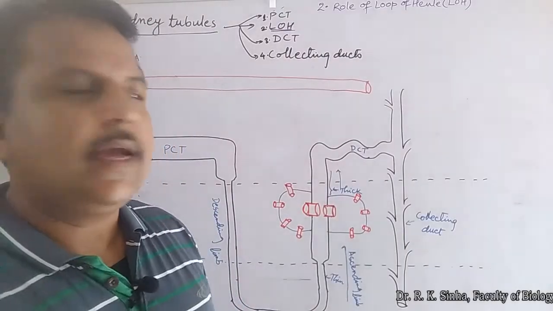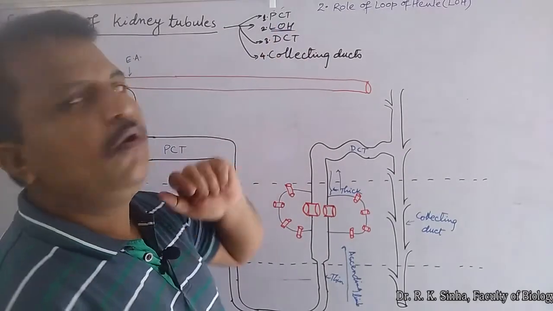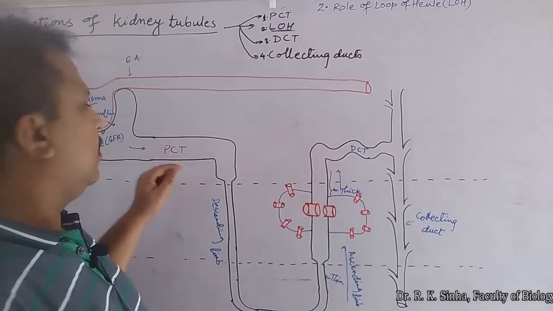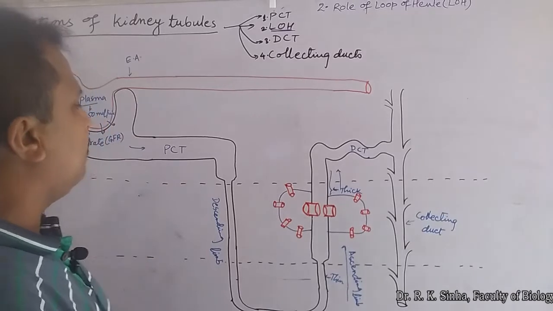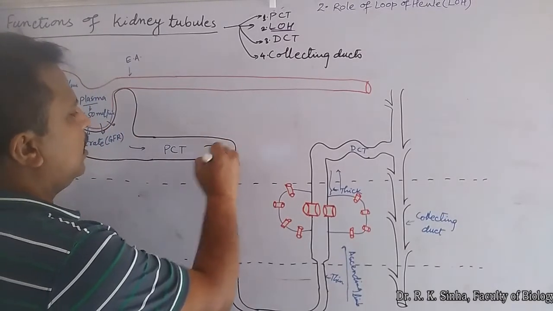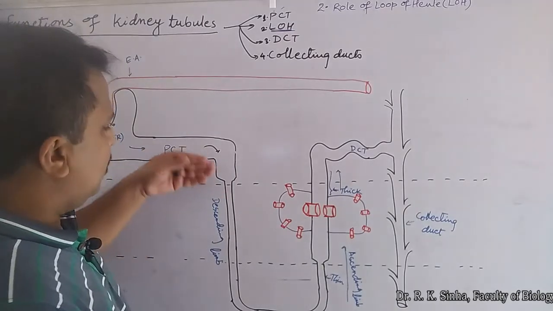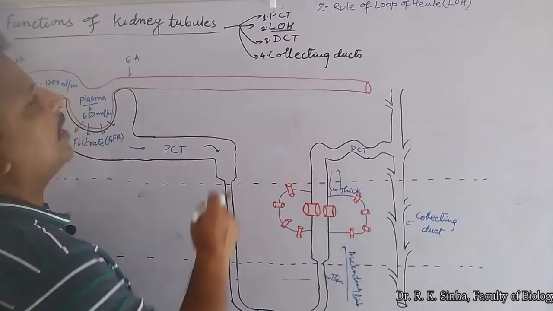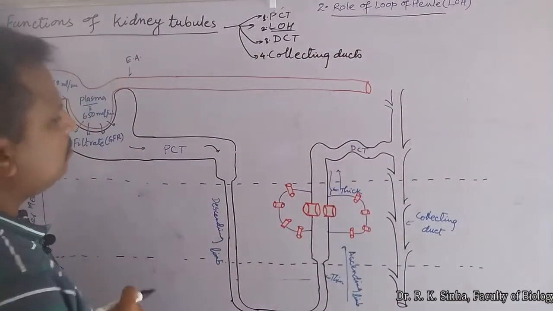Now we can understand the role or function of the loop of Henle. We have already studied the function of the proximal convoluted tubule. Now the filtrate will pass into the loop of Henle, the descending limb of the loop of Henle.